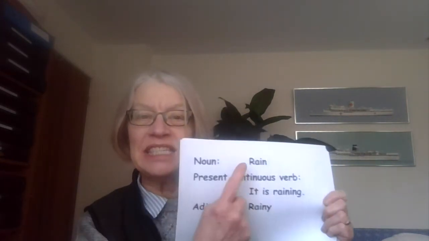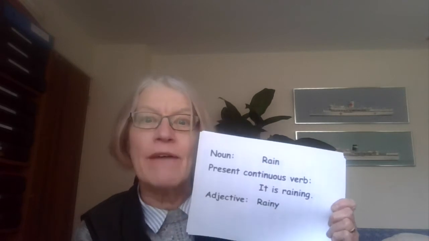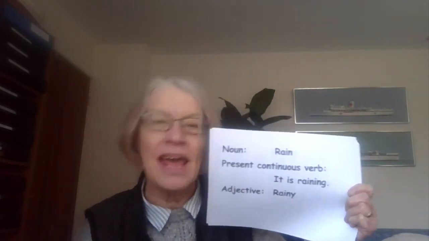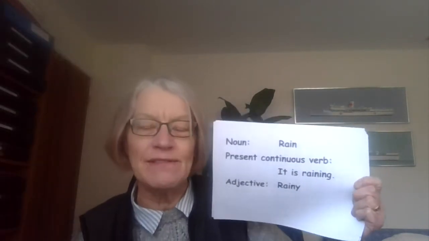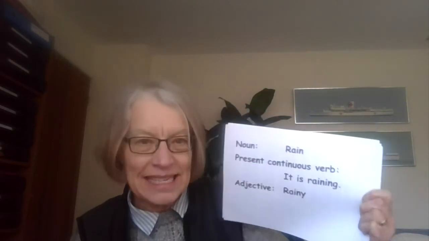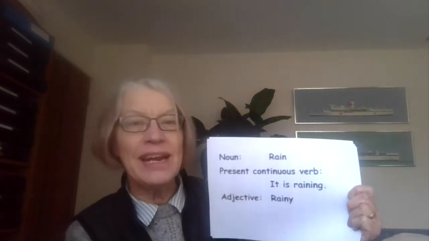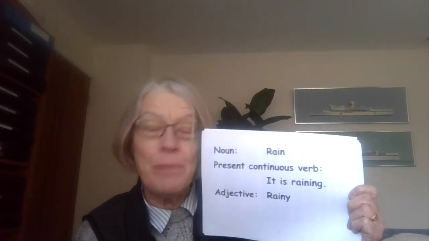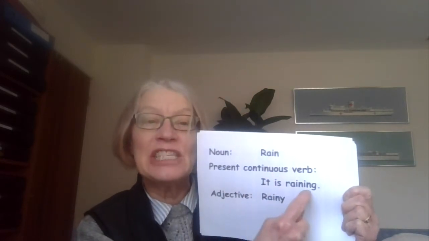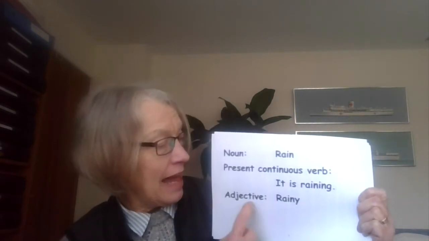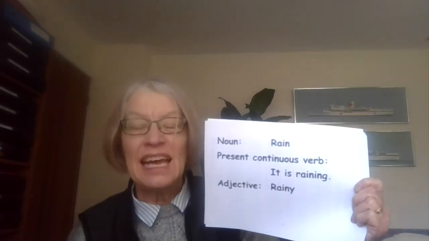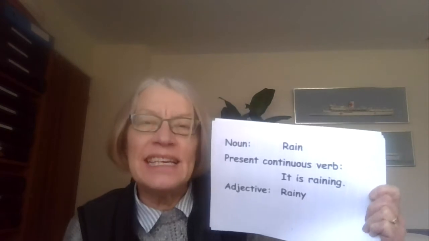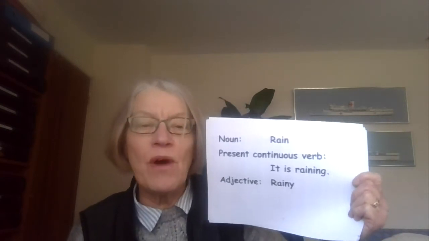So the next one I'm going to talk about is rain. It's what we have a lot of in the UK, when the water falls out of the sky and it's wet. So the noun is rain. The present continuous verb is it is raining. And the adjective is rainy, a rainy day, rainy weather.